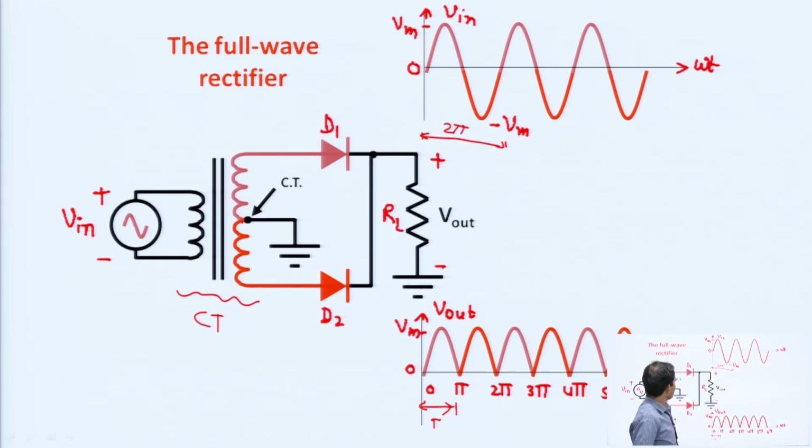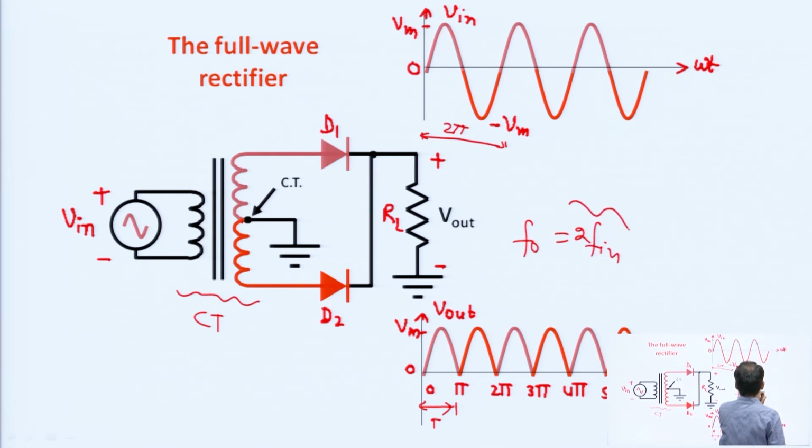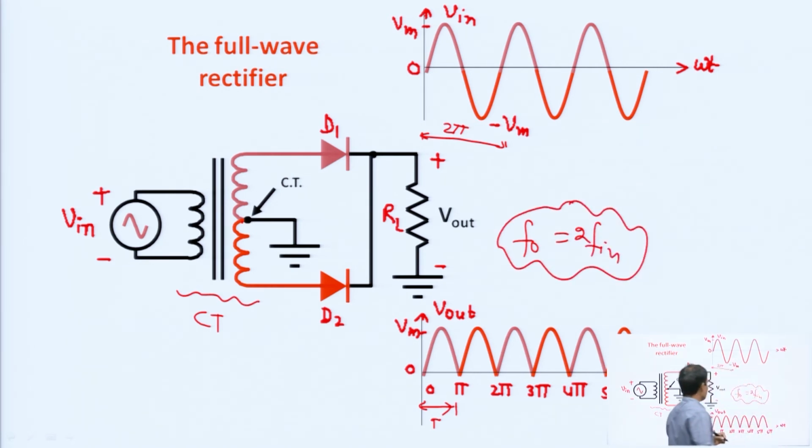This means for 2 pi radian of input, there are 2 cycles at the output. The periodicity of the output signal is pi and that of the input signal is 2 pi. What does it mean? It means that F output is equal to twice F input. So for one cycle of the input signal, there are 2 cycles of the output signal.